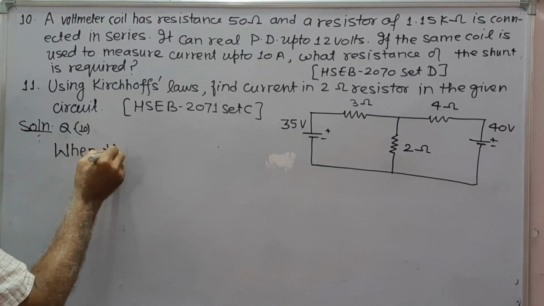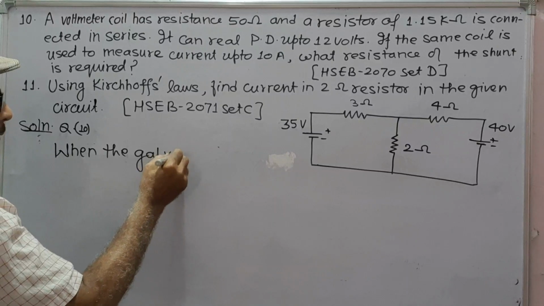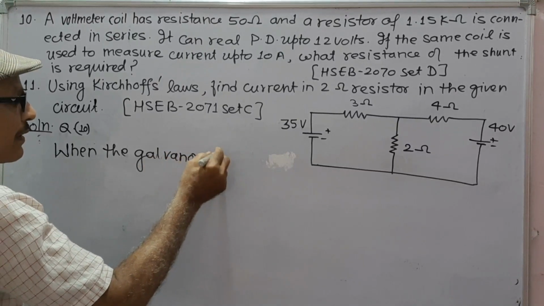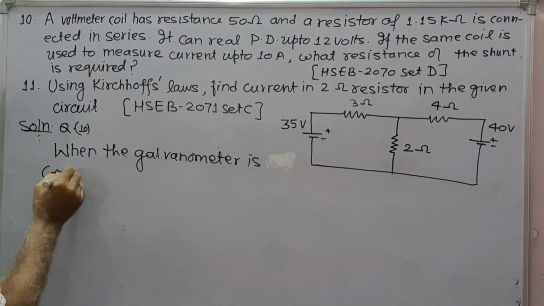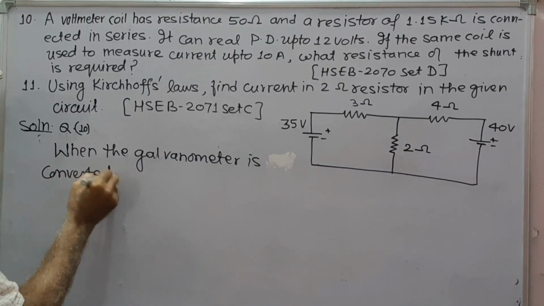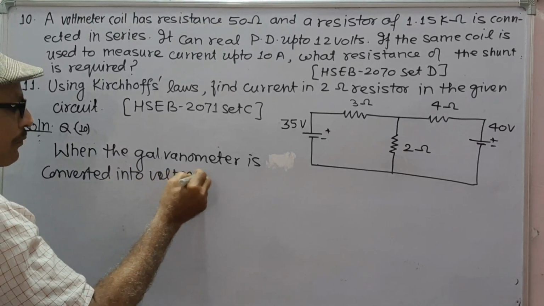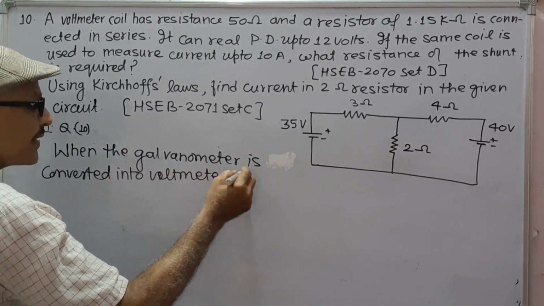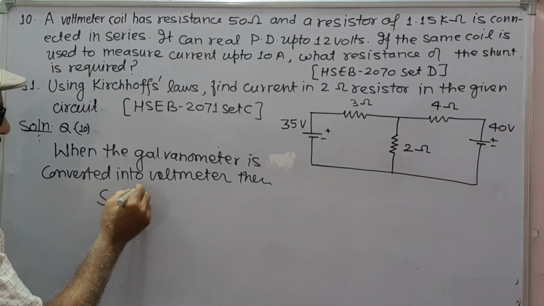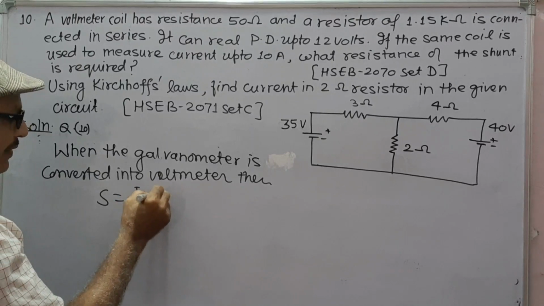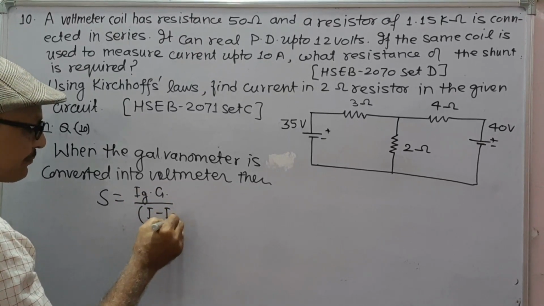When the galvanometer is converted into an ammeter, then shunt resistance S is given as Ig into G upon I minus Ig.